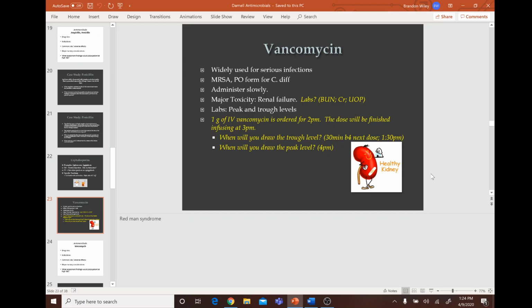Renal failure. So you want to look at BUN, creatinine, and urine output. What labs are you going to collect when doing vancomycin? Peak and trough levels. When do you draw a trough level? 30 minutes before dose. When do you draw a peak level? 1 hour after dose.